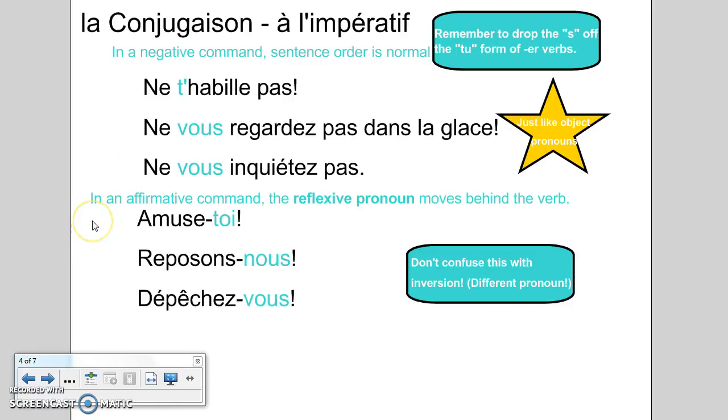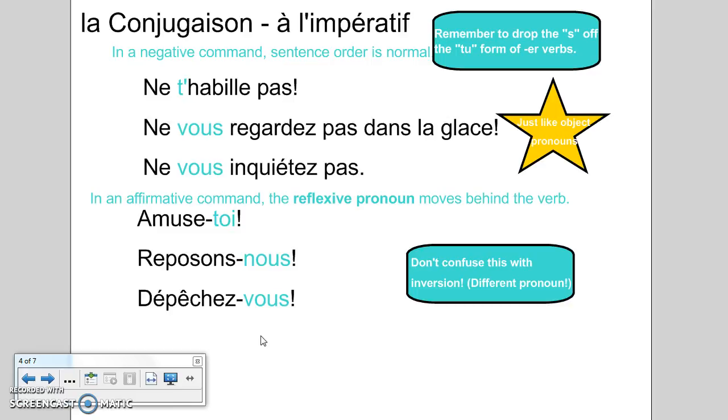So what happens in an affirmative command? This is the same thing with object pronouns. The reflexive pronoun is going to move behind the verb. So we would say amuse-toi, have fun. Reposons-nous, let's relax. Dépêchez-vous, hurry up. Now, don't confuse this with inversion. Oftentimes, students want to start throwing reflexive pronouns on the end of everything, and then that turns it into a question with inversion.